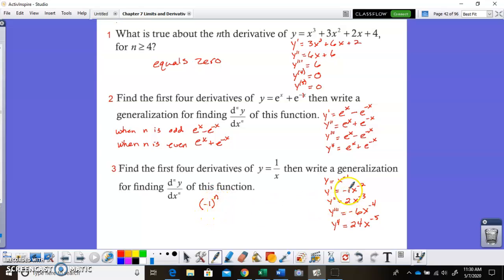Now I need to figure out how I got 1, 2, 6, and 24. Well, not many of you will recognize this, but a couple might pick up on the fact that that's a pattern of factorials. Remember, factorials are the number times every number below it. So 1 factorial is 1. 2 factorial is 2 plus 1.